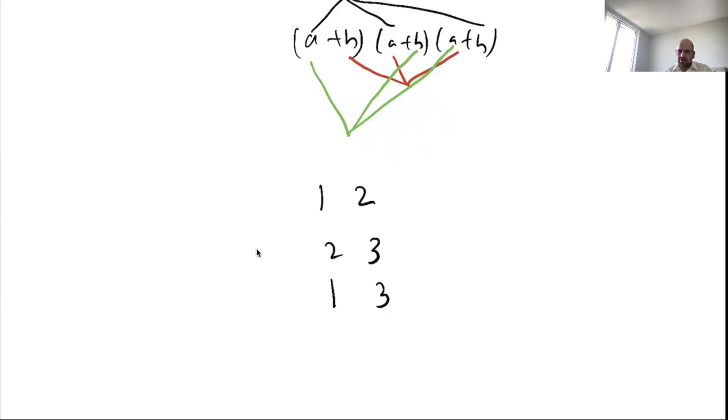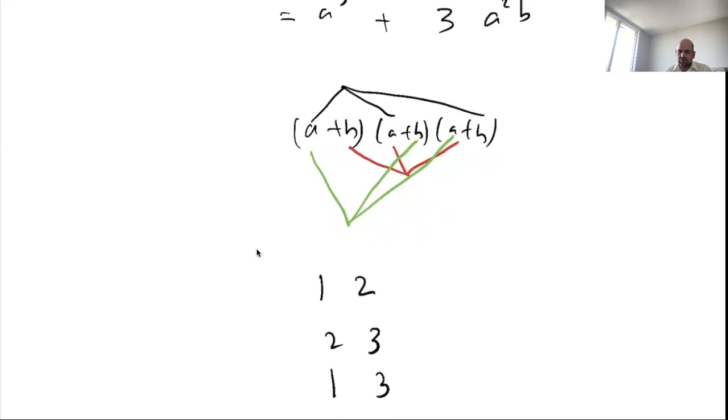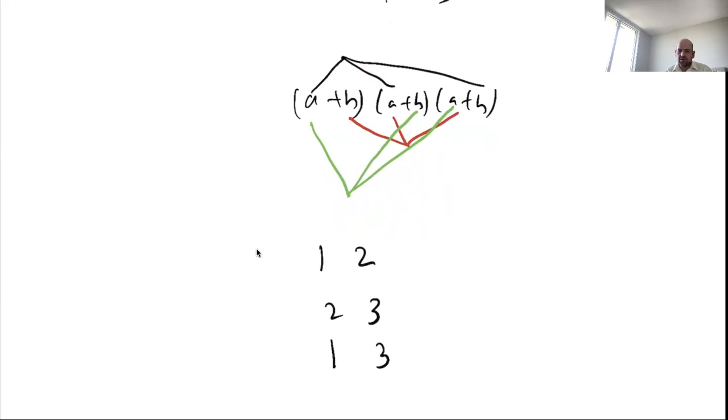So how many ways do I have in order to get a squared b term? So that's going to be the number of ways. Remember, I have 3 brackets in total, 1, 2, 3. So the number of ways that I can choose 2 elements out of these 3 elements is going to be the coefficient of a squared b.